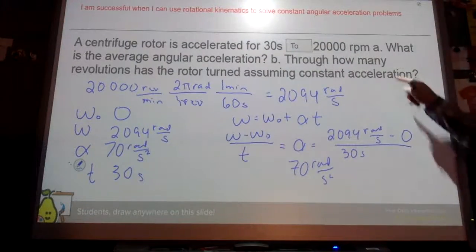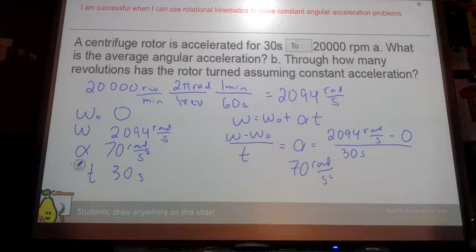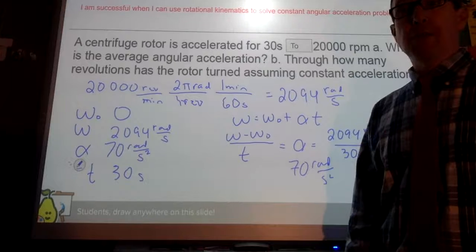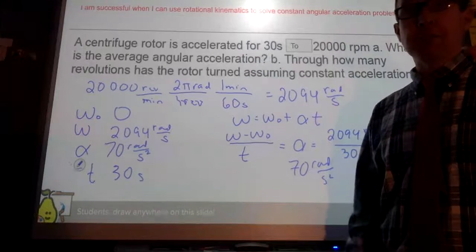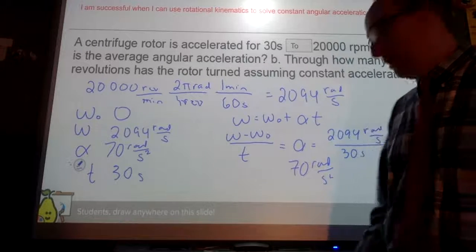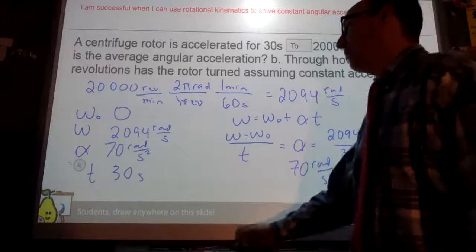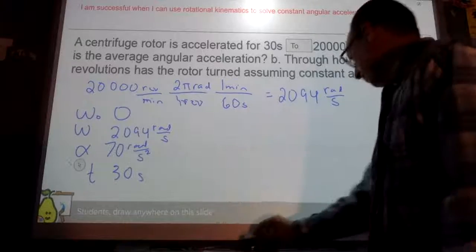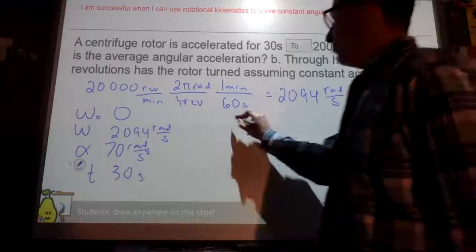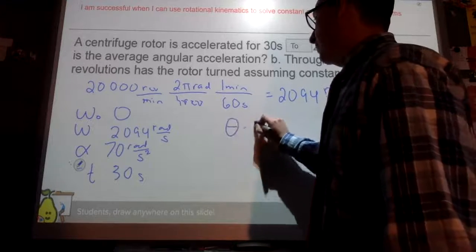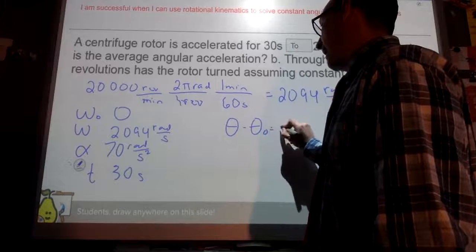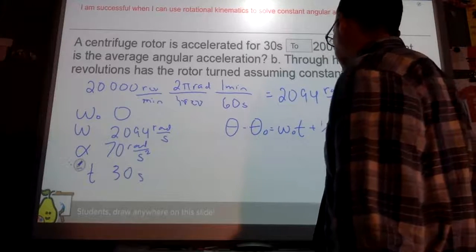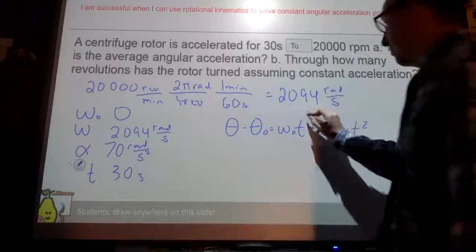And then it says, how many revolutions has the rotor turned, assuming constant acceleration? So for this one, I'm going to have to get the radians first, and then I'm going to have to convert it back to revolutions. So I know that theta minus theta naught equals omega naught t plus 1/2 alpha t squared.